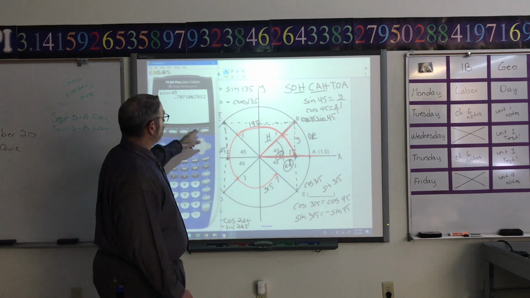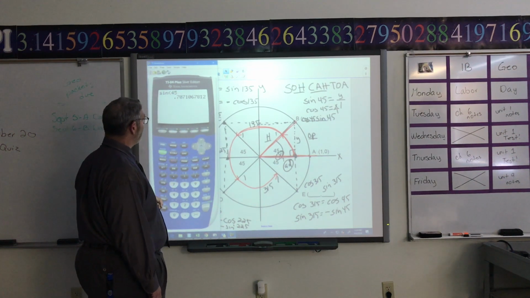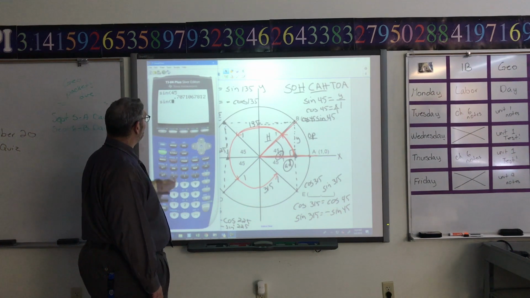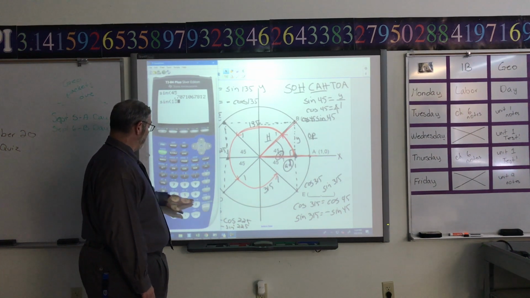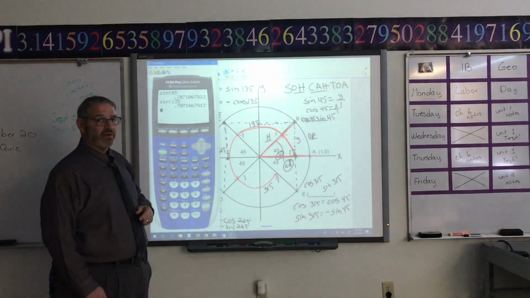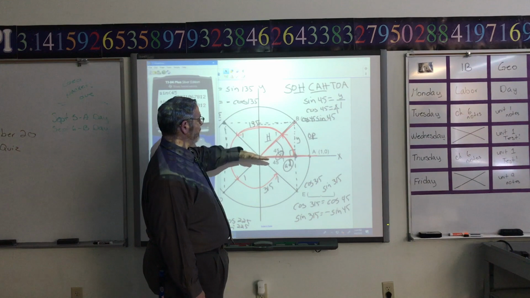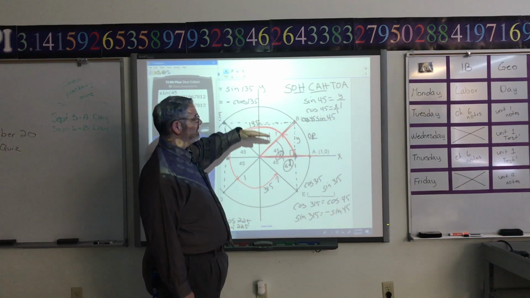Now let's take the sine of 135. 0.707. So you see, they are both the same distance from the x-axis.